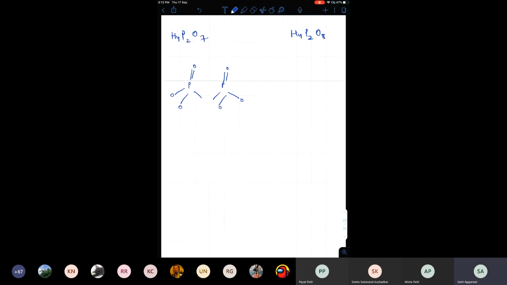Now we are left with only one oxygen. This linkage is called pyro linkage. It is called pyrophosphoric acid.